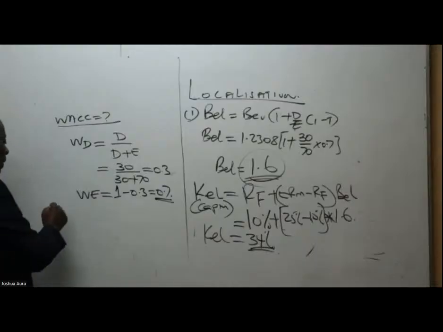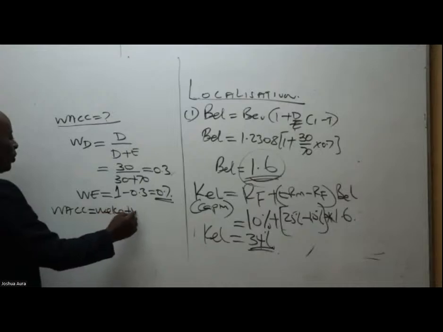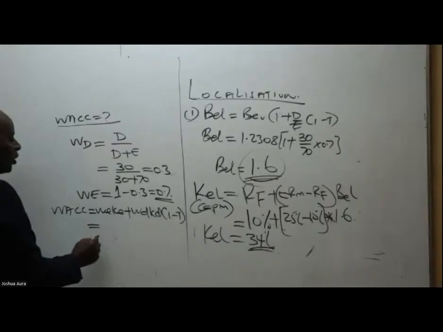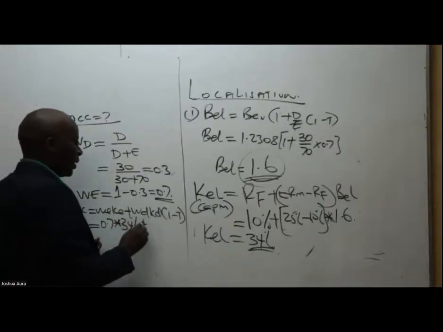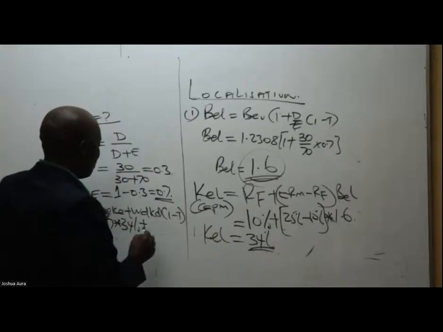So they come and give me the WACC, which will be weight of equity times cost of equity, plus weight of debt times cost of debt times 1 minus tax. So weight of equity is 0.7. The cost of equity we already have as 34%, plus weight of debt, which you have given me as 0.3.